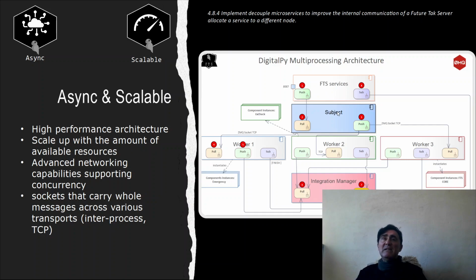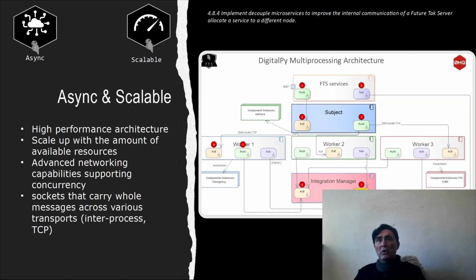The subject is like a load balancer that will simply allocate the content of the message received by the service to one of the workers. So we can have any number of workers, and that means that the scalability of the system is only limited by the amount of physical resources that you have in your current installation.